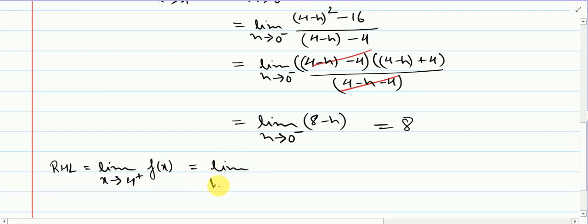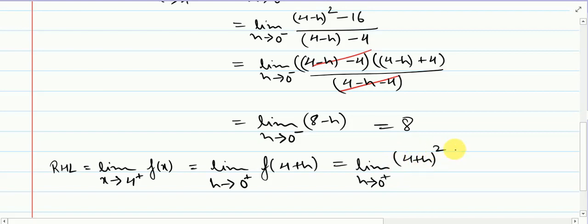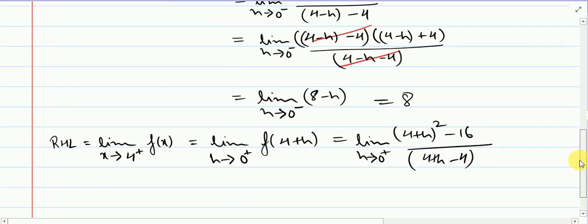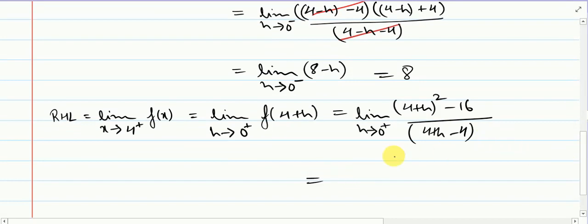Now we will find its right hand limit. Limit h tends to 0 plus f of 4 plus h. So here 4 plus h is greater than 4, it's not exactly 4. So we'll get limit h tends to 0 of (4 plus h) whole square minus 16 upon 4 plus h minus 4. And the same way, this is a square minus b square type.